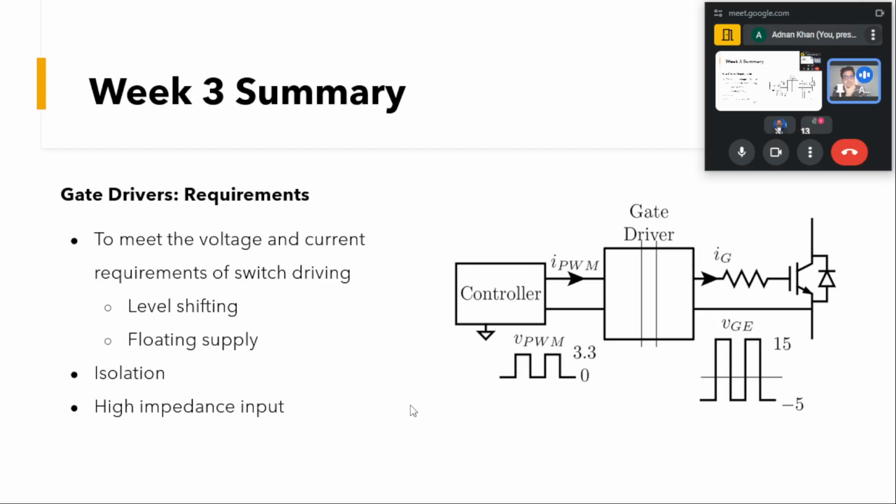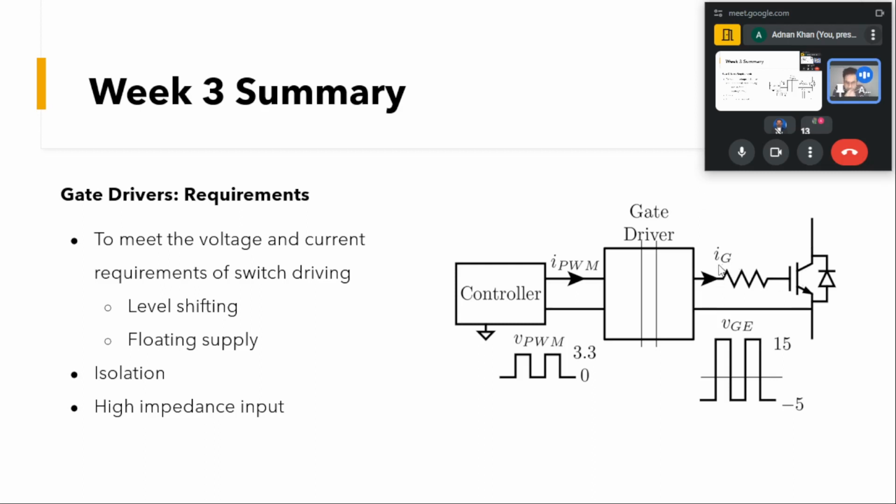The other thing is, our gate driver should be able to provide us with a high input impedance. Why the high input impedance? As I already told you, our controller is not able to provide or sink a high current. The amount of current it will be able to handle is only in terms of milliamps or microamps. And this is our power side. In order to drive this, our IG is very high.